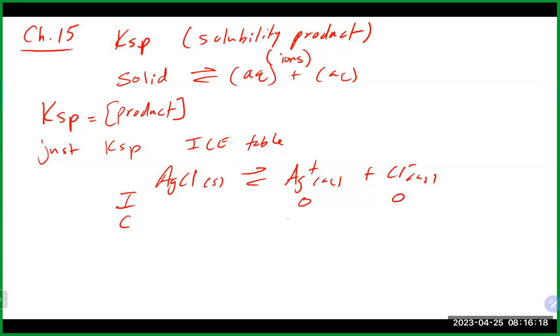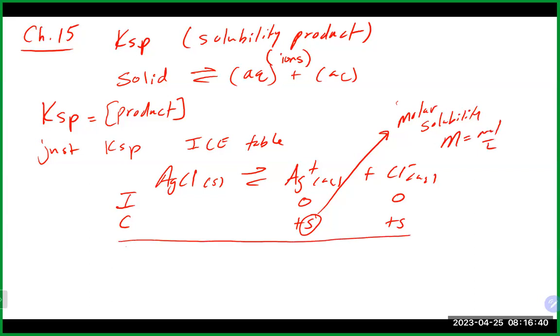We oftentimes use a different letter when dealing with solubility, and that letter is S. So this would be plus S and plus S. Again, the S here is the molar solubility, which is basically the molarity, our moles per liter. Then at equilibrium, we would carry this down, S and S.